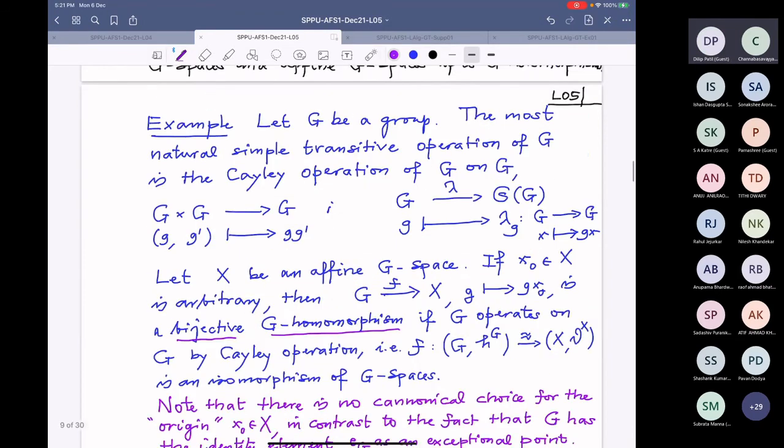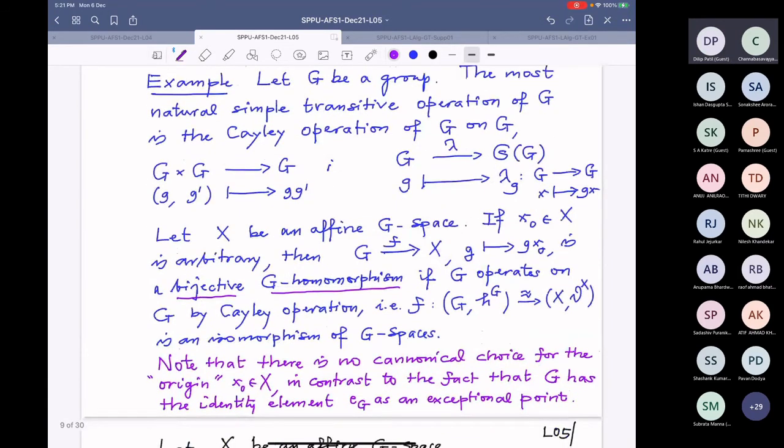All right. So start with any affine G space. X is an affine G space. That you understood what it means: it is a G space, and affine means the operation of G on X is simple and transitive. Now you choose an arbitrary point x0. Why can you choose it?